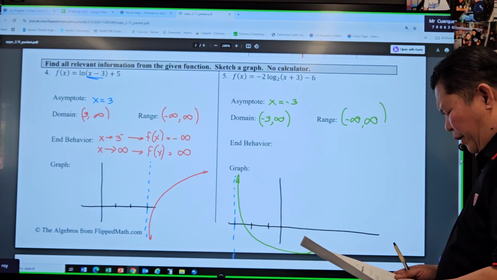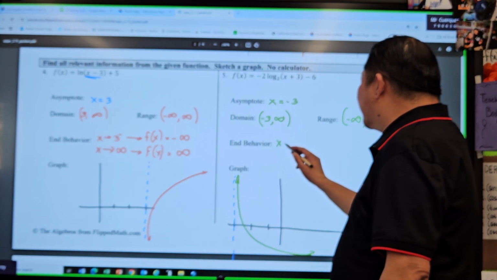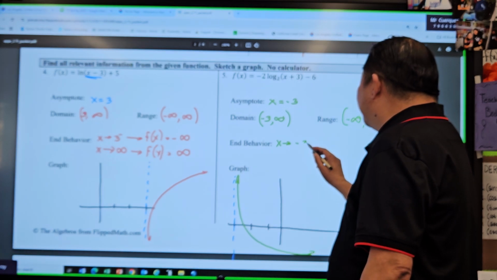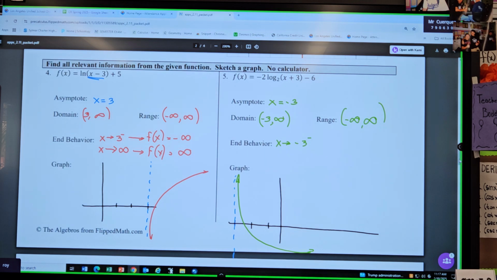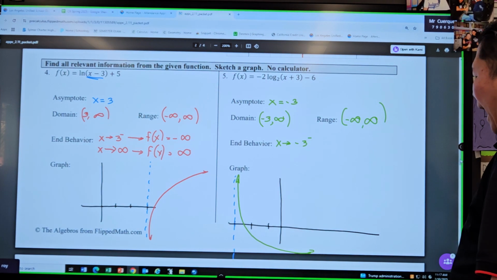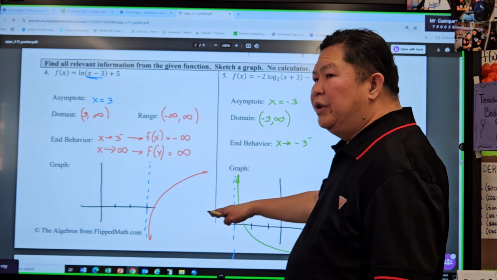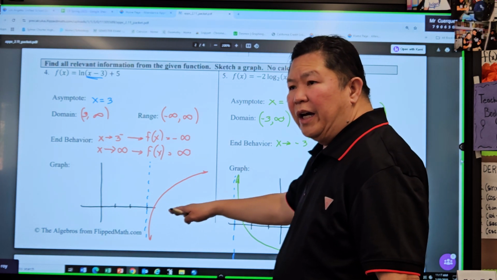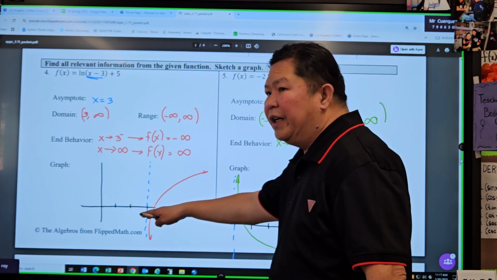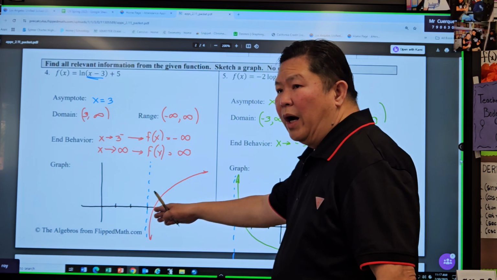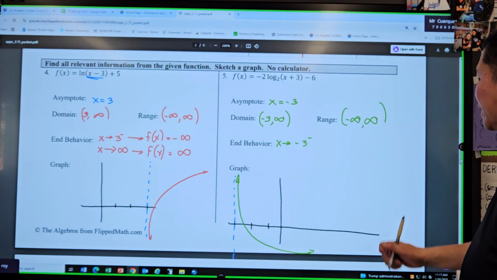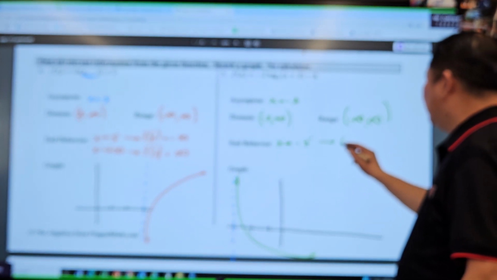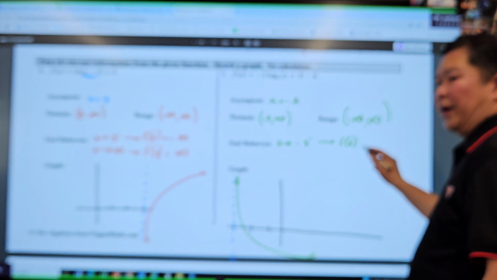So for x left of negative 3, what happens to the function? As x goes to negative infinity, is y going up or down? Going up. So that means f of x is approaching positive infinity.